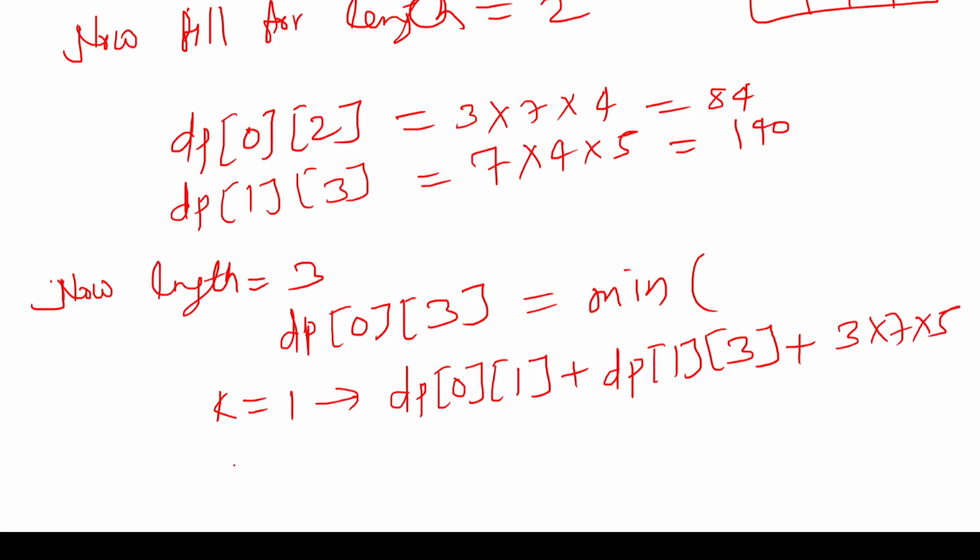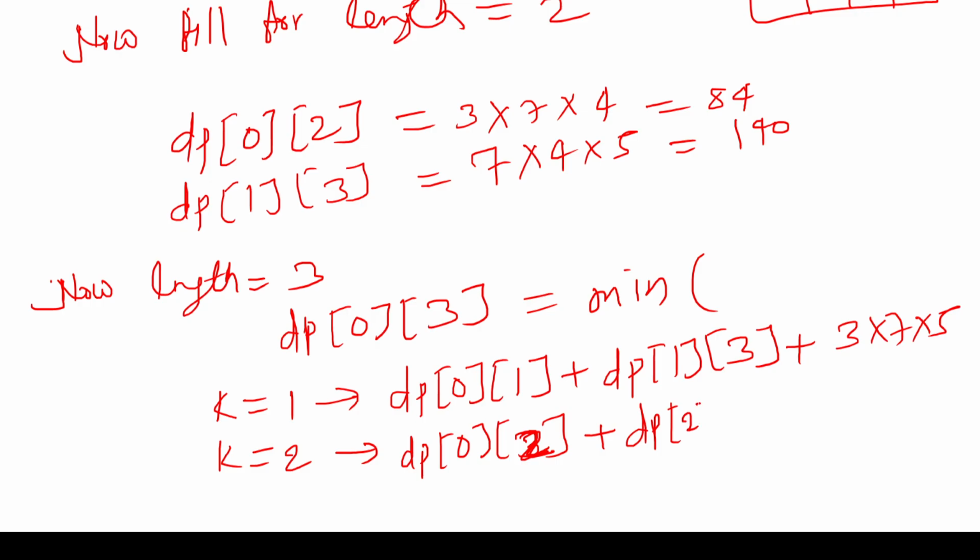Similarly, when k equals 2, we take dp at 0 and 2 plus dp at 2 and 3, then multiply 3 into 4 into 5.